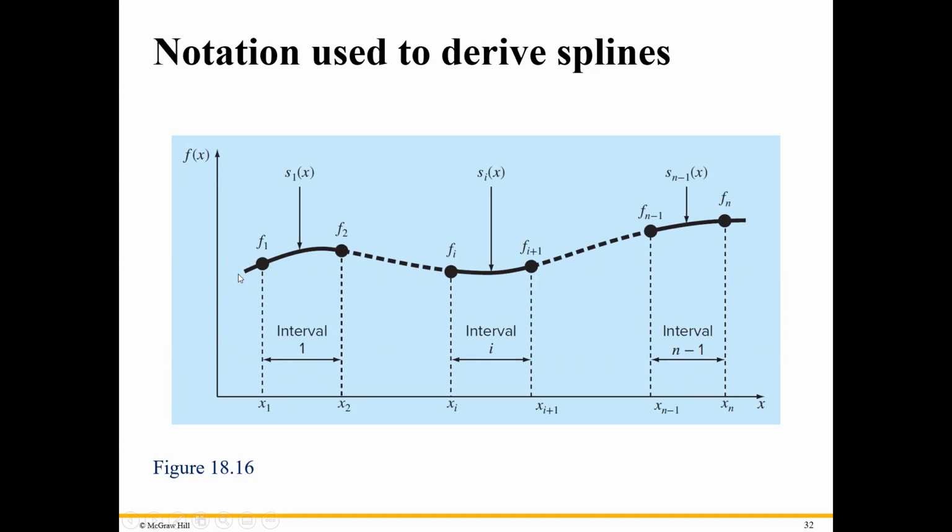For example, the given data points are x1, f1, x2, f2, xi, fi, xi plus 1, fi plus 1, xn minus 1, fn minus 1, xn, fn. That means we have n number of data points over here.